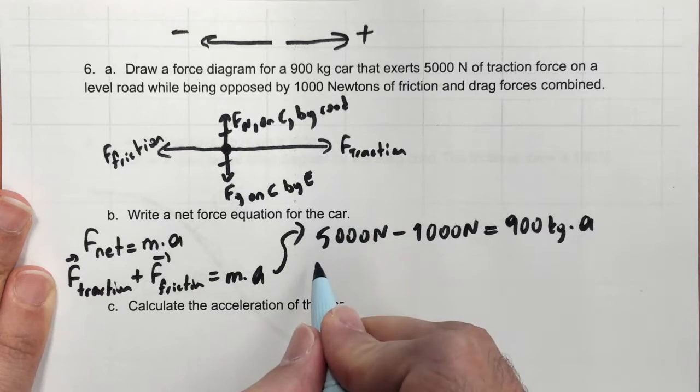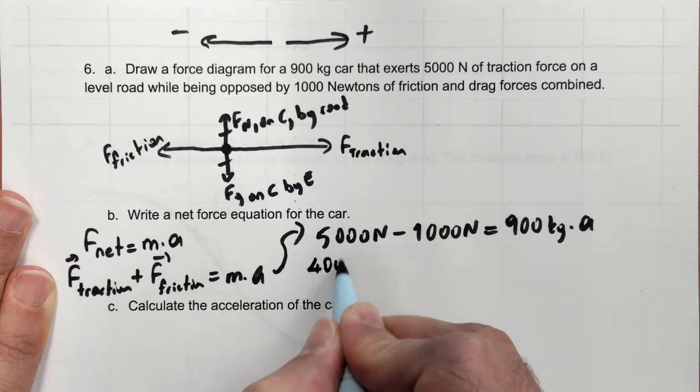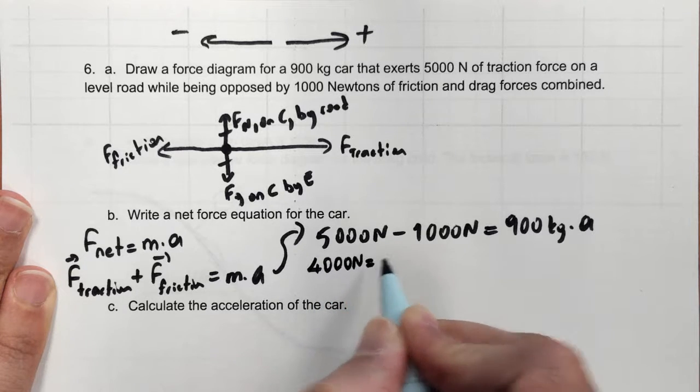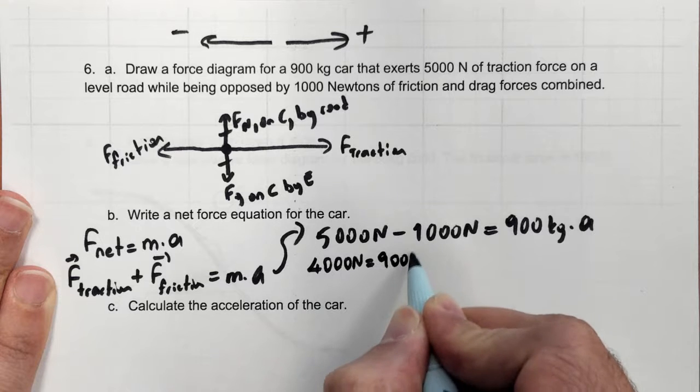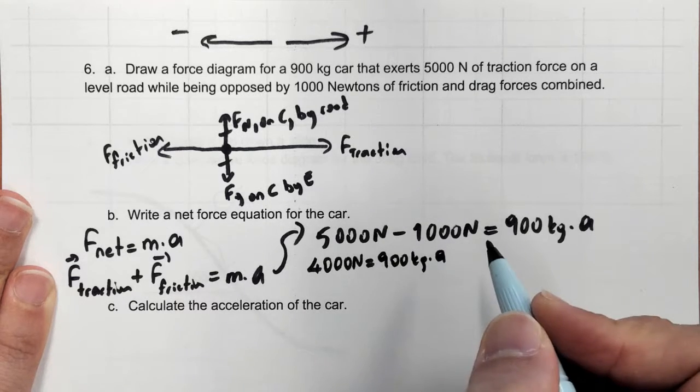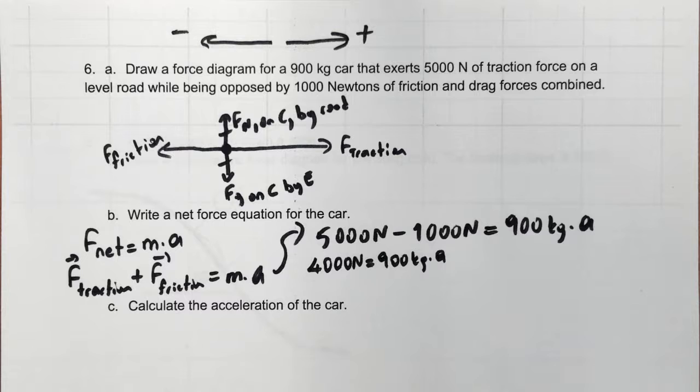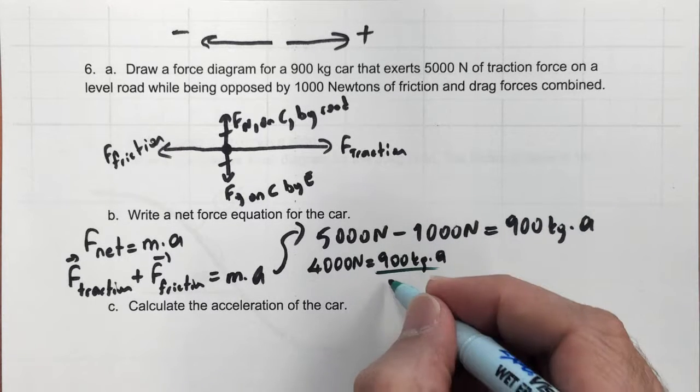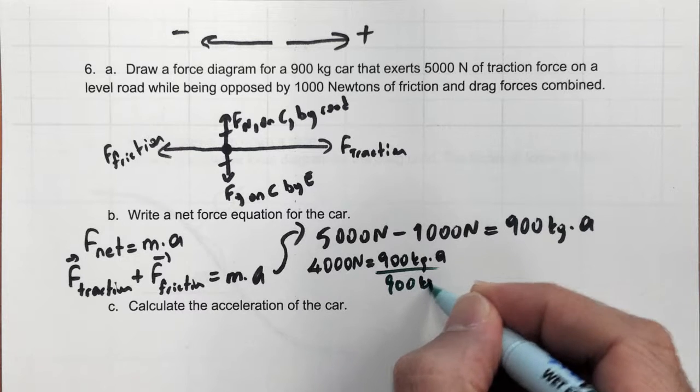So then 4000 Newton equals 900 kilogram times acceleration.